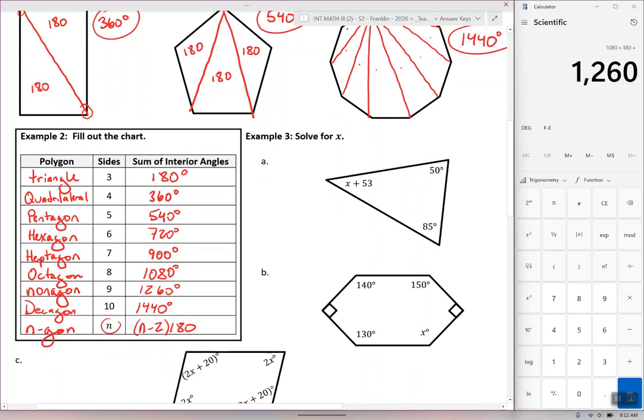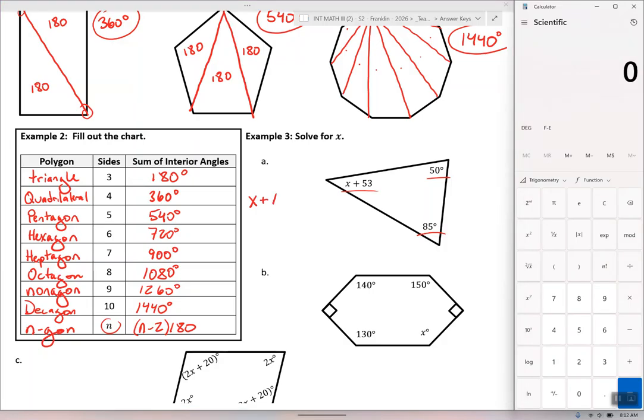So for example 3, it says solve for x, and we have a triangle, 50-degree angle, 85-degree angle, and some expression. So if we add all those together, x plus, and then we'll do 50 plus 85 plus 53, which is 1448.